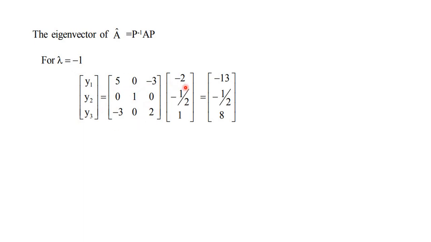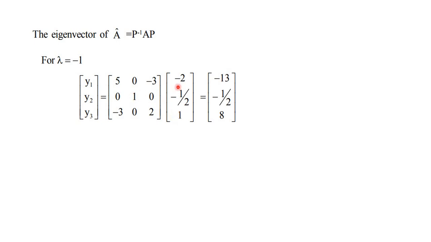Now the eigenvectors of A cap, y1, y2, y3, for lambda equal to -1 is P inverse into x. First we find the inverse of the matrix P. That is, P inverse is [5, 0, -3; 0, 1, 0; -3, 0, 2].